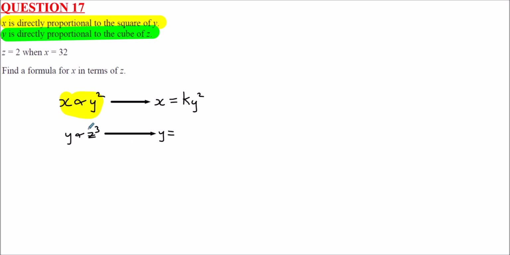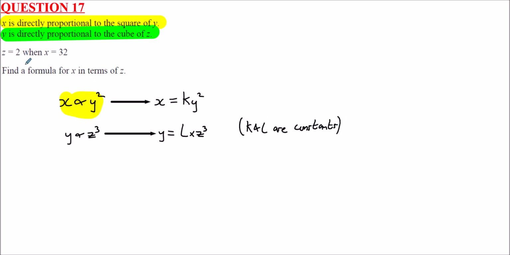So we can't say k times z cubed, because k has already been used for the constant for this one here. So let's use a different letter. Let's just call it maybe L. So y equals L times z cubed. So all I'm saying here is k and L are just some constants, just numbers which don't change.